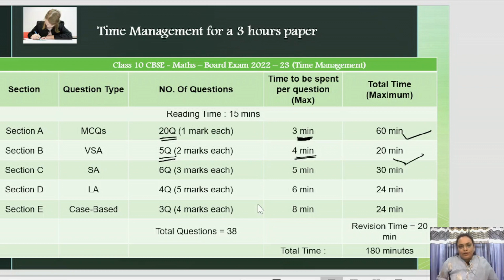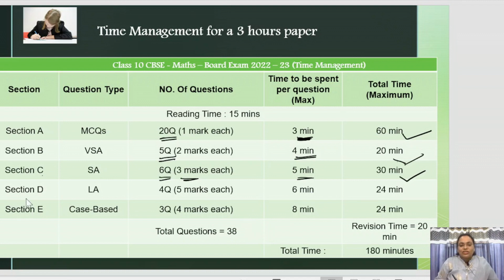The next section is Section C. It is short answer type. You will have 6 questions and each carries 3 marks. You should not take more than 5 minutes for a 3 marks question. The whole of Section C should be completed in 30 minutes.